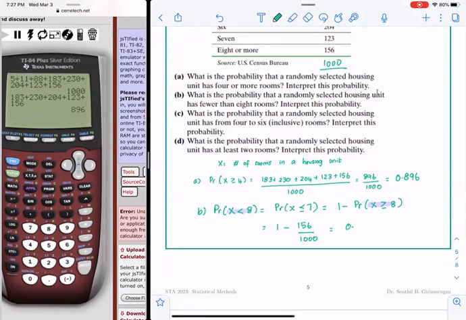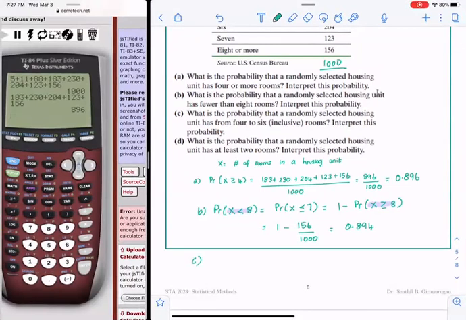And if you simplify, you would get the answer as 0.894, which is 894 over 1,000. So there is an 89.4% chance that a randomly selected housing unit will have fewer than 8 rooms.